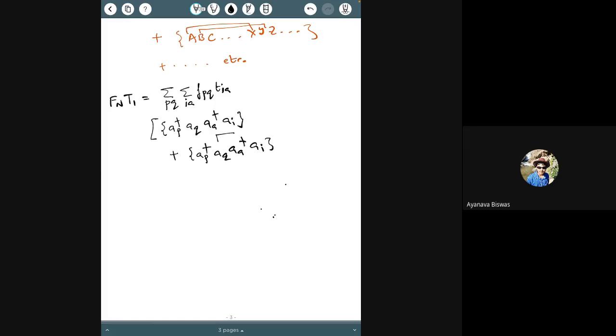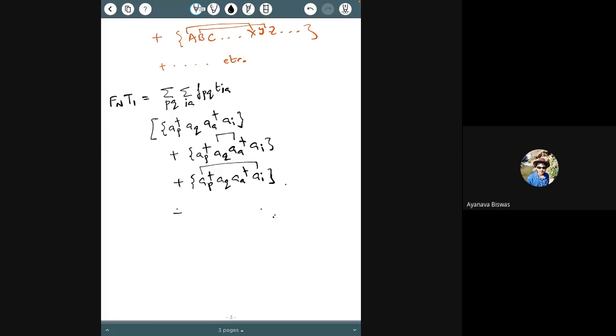So this is a non-zero contraction, one of them. Then let's see if there are others. To contract with I, I again need a dagger because this is an occupied one. So this is another non-zero contraction.